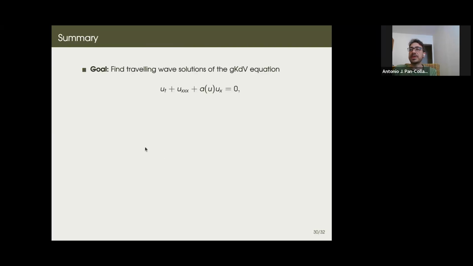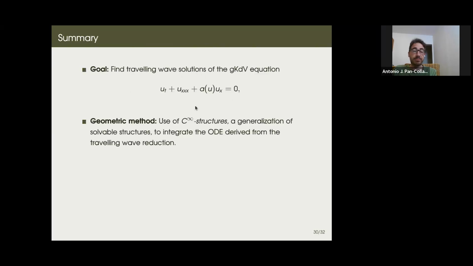So, to recap, we started with the goal in mind of finding the traveling wave solutions of the gKdV equation. We have presented a geometric method. We use the infinity structure notion, which is a generalization of solvable structure, to integrate not this PDE directly, but the ODE derived from it with the traveling wave ansatz.